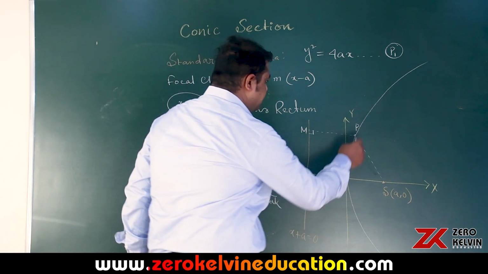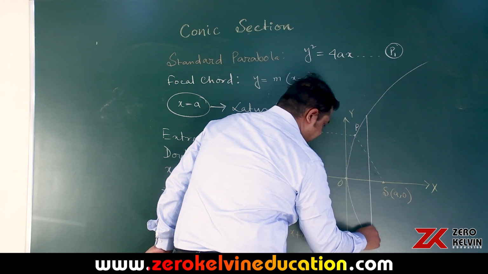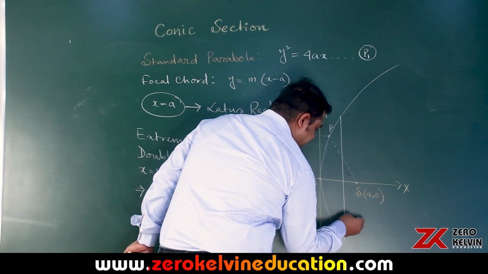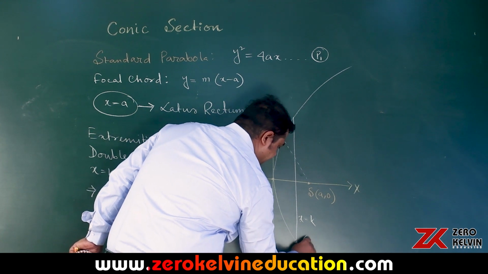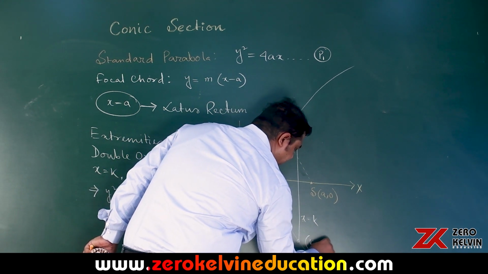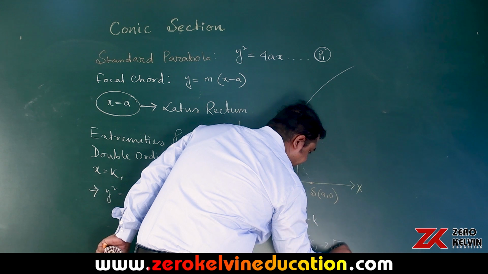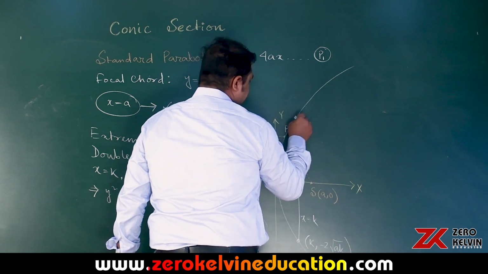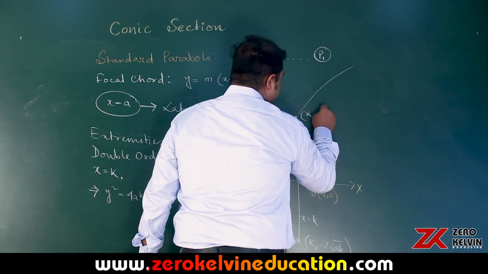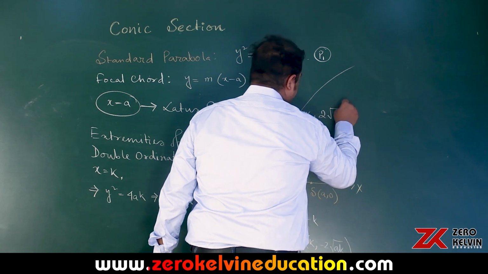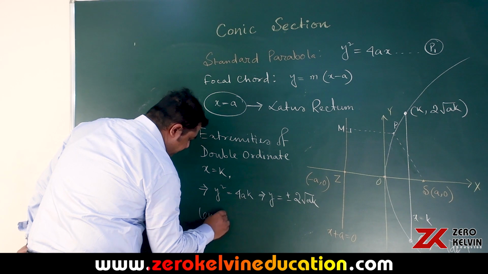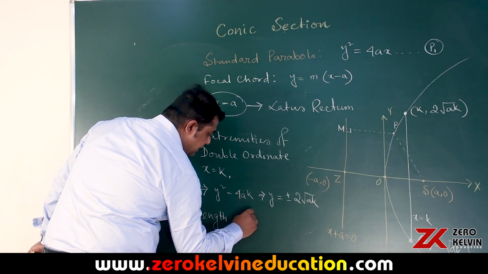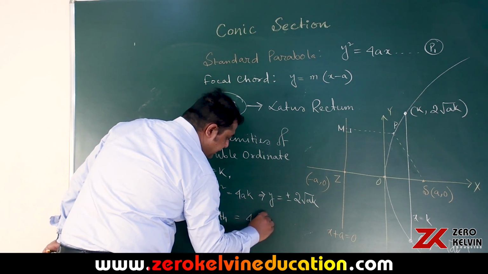So, if we consider any such double ordinate, say it is x equals to k, the extremities we have got are k comma minus 2 root over ak, and k comma 2 root over ak, and hence length of the double ordinate is 4 root over ak.